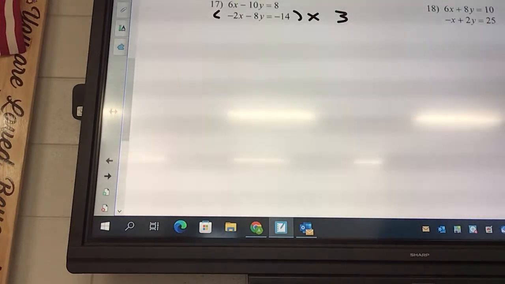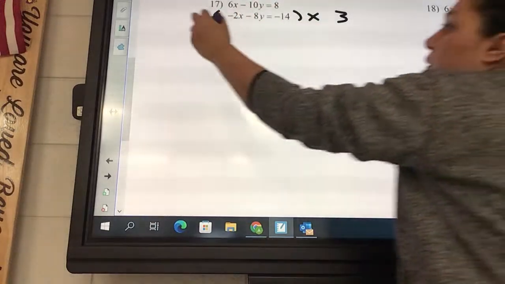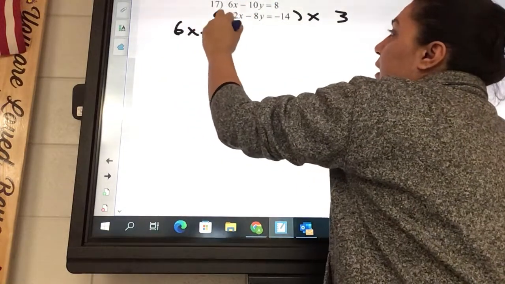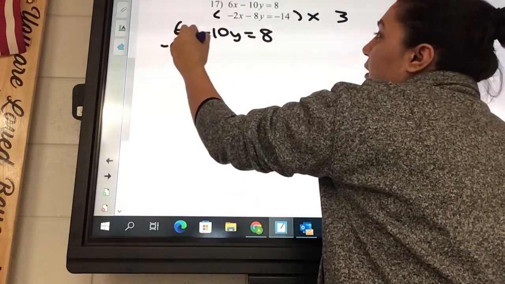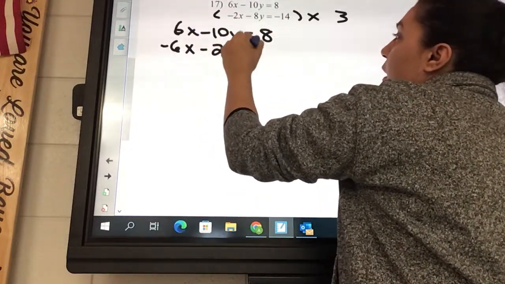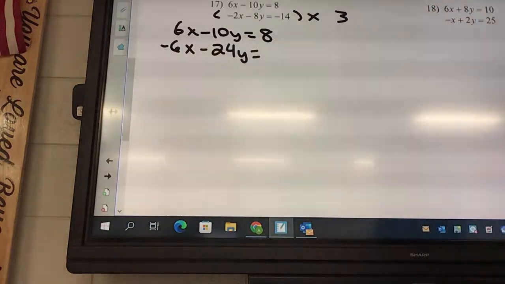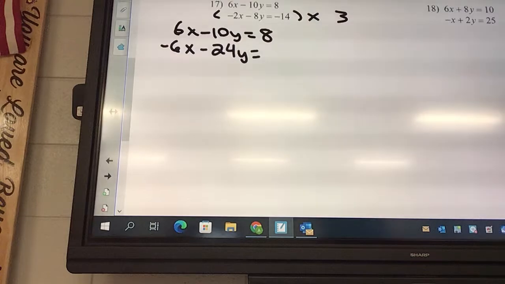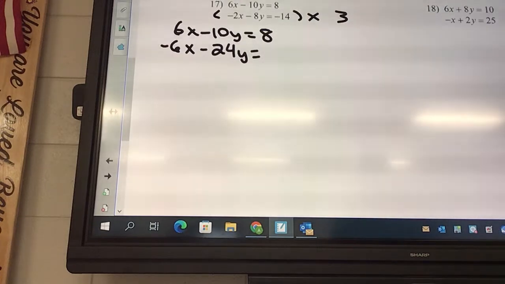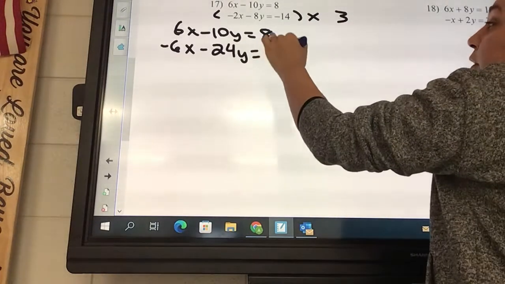No. We want stuff with different signs, and it already is. So we got 6x minus 10y equals 8. And then I got -6x minus 24y equals, what's -14 times 3? -42.